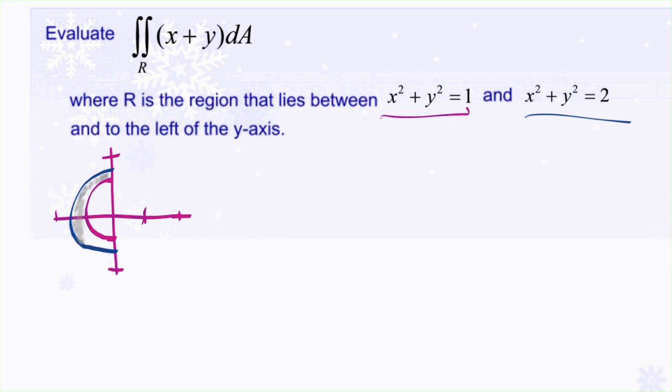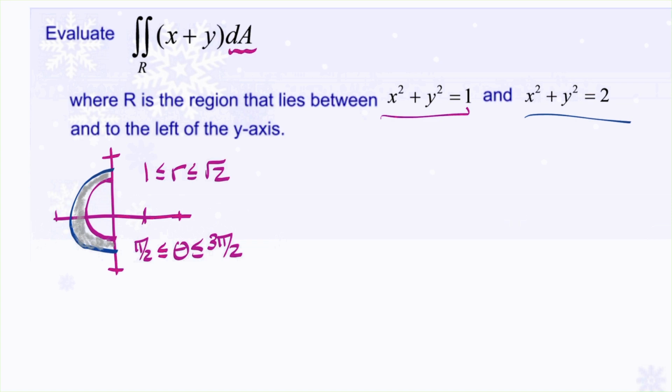I'm just going to shade in what this area that we're integrating over is. And so I think we can see that r is going to range from 1 to radical 2. And then theta is going to range from pi halves to 3 pi over 2. So that gives us our bounds.